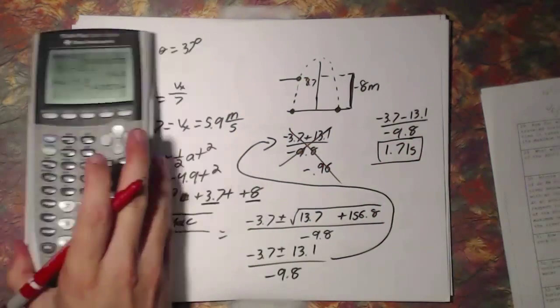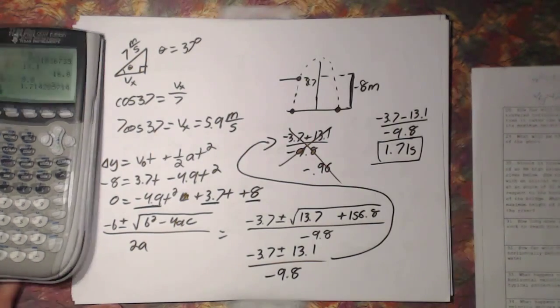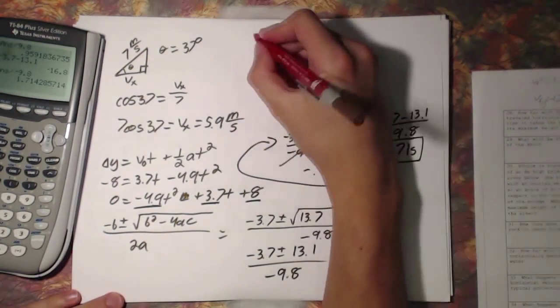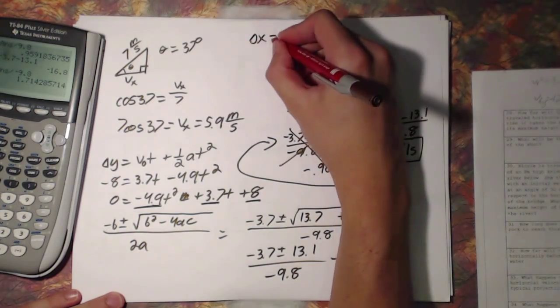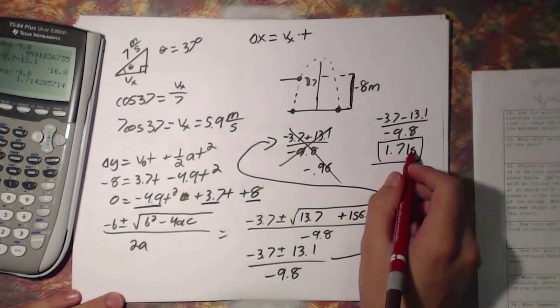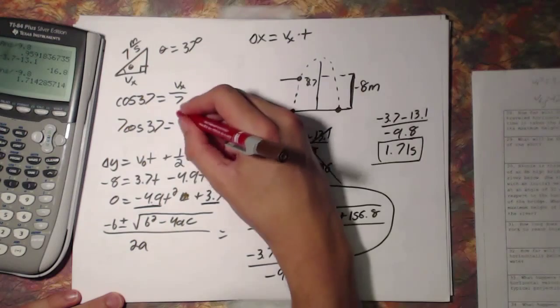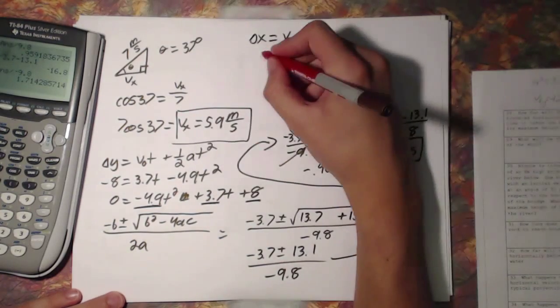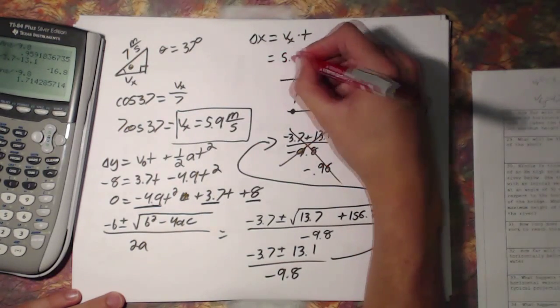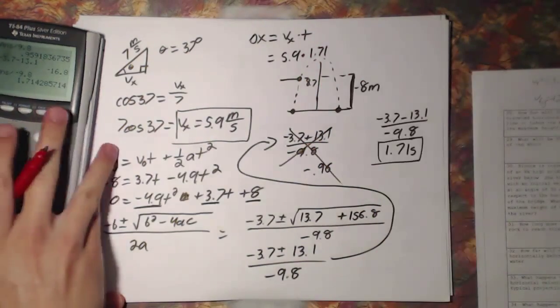But we're not done, because it wants to know how far the rock travels horizontally, which is just going to be delta x equals Vx times time. We just calculated our time, and our Vx is hiding here somewhere. Here we go. So this is going to be equal to 5.9 times 1.71.